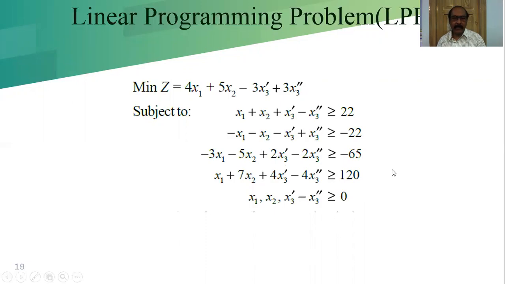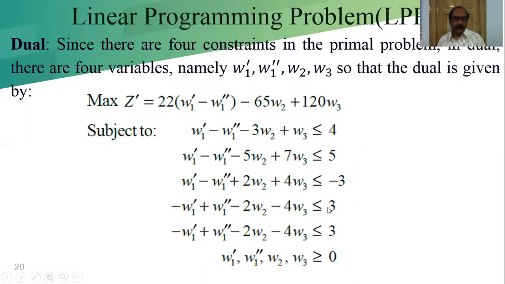Again rewriting, we will get less than or equal to minus 3, and minus W1 dash plus W1 double dash, W2, rewriting the two times W1 dash, W1 double dash, W2 minus W3 greater than or equal to 0.